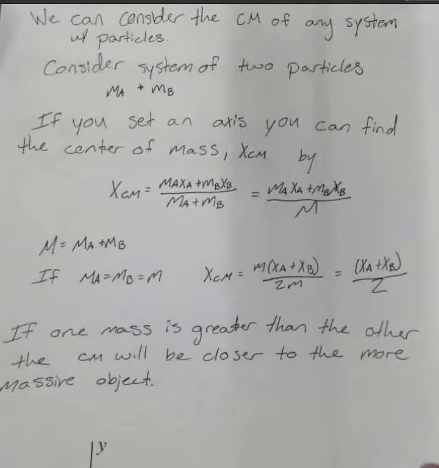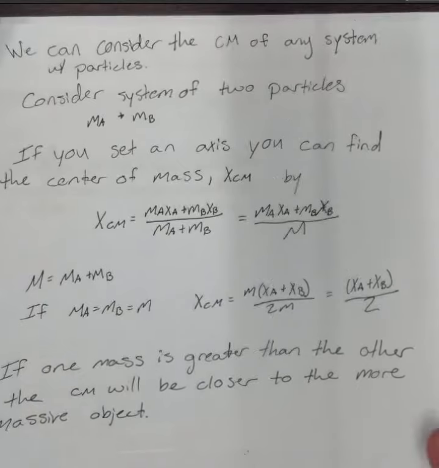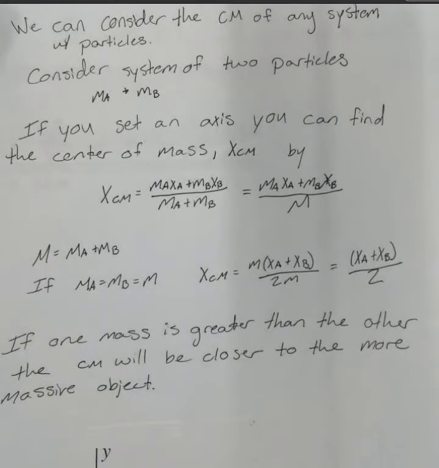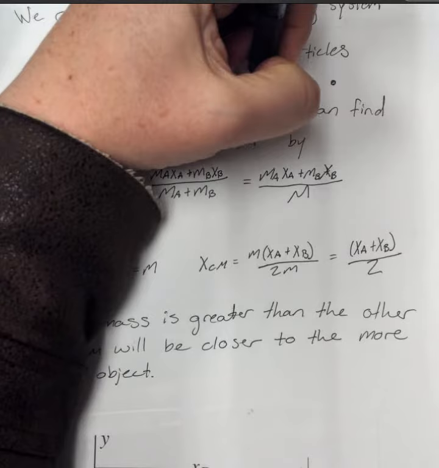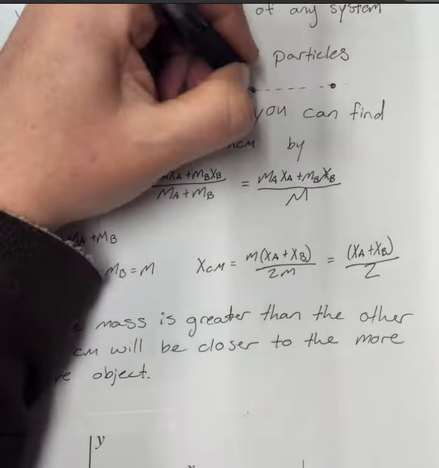So we can find the center of mass for any system that's made out of matter, any system that's made out of particles, no matter how many particles. Let's first consider a super simple system that's made out of two particles, one particle with mass A and one particle with mass B. Those two particles could be connected along a line, and we can call that line our x-axis.